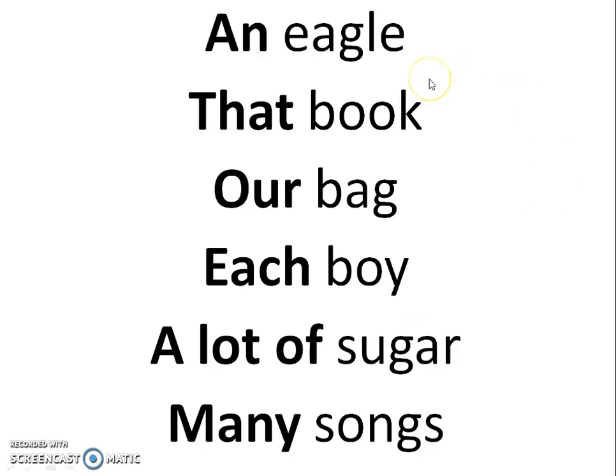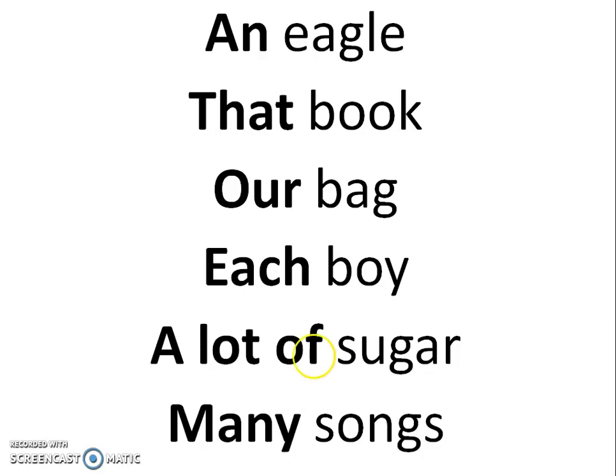So I want you to read these words loud. We will read it together. An eagle, that book, our bag, each boy, a lot of sugar, many songs. You must be thinking why these words are highlighted in bold letters.